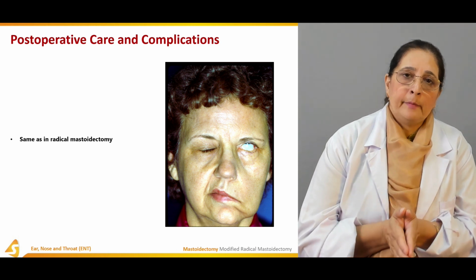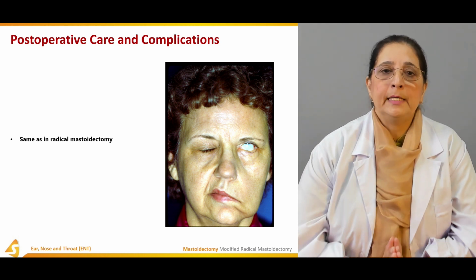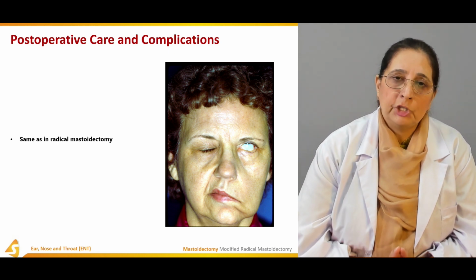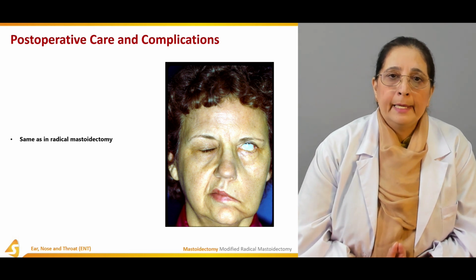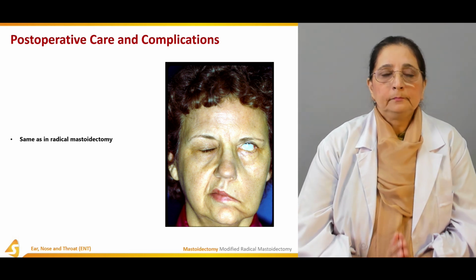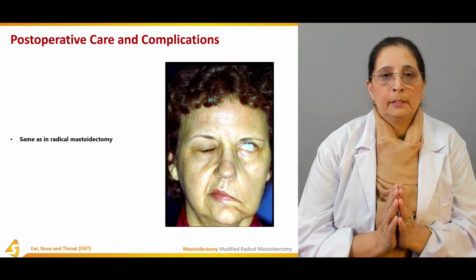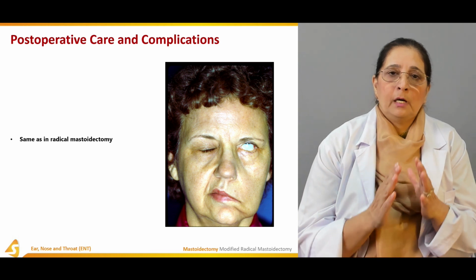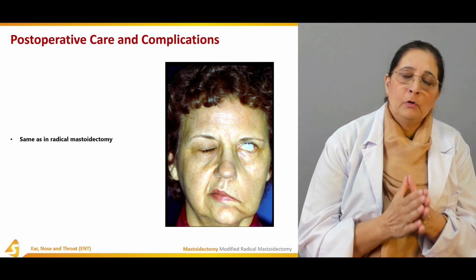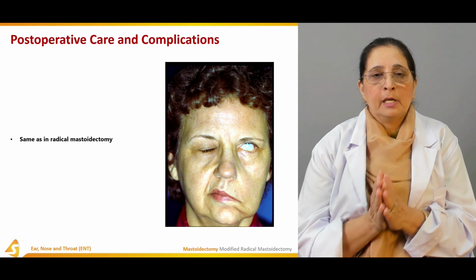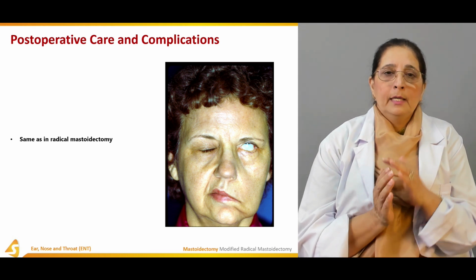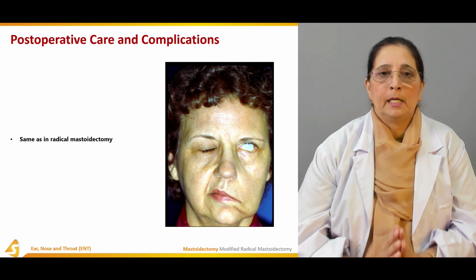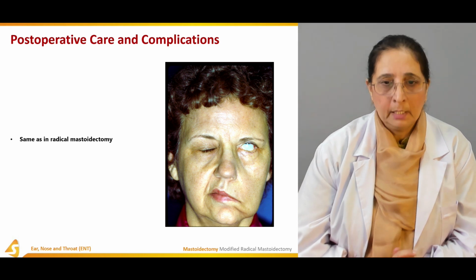In radical and modified radical mastoidectomy, we use the postauricular or endaural incisions, from the 12 o'clock and 6 o'clock positions. We can use vertical, semicircular, or curvilinear incisions. All these types of incisions are used for the procedures.